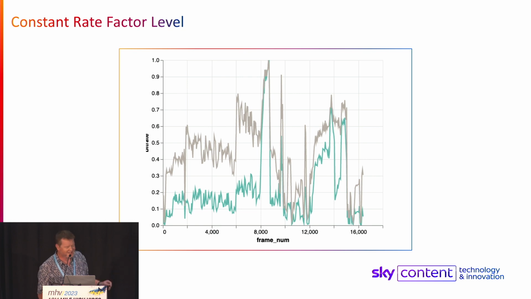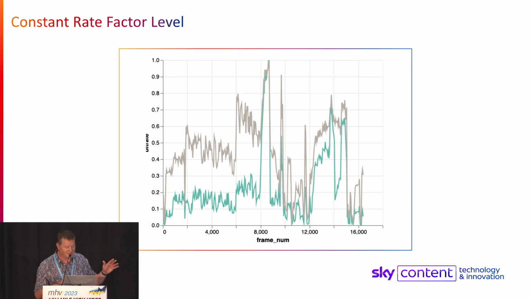In the graph that you're seeing, and I would recommend looking at the paper, the CRF of 10 is in gray and the CRF of 23 is in teal. I've broken down the various frames, just to give you an idea. Frames 6,000 to 8,000 are a penalty shot with a static camera that, when encoded with CRF 10, is of a similar complexity to some of the later scenes you're seeing.